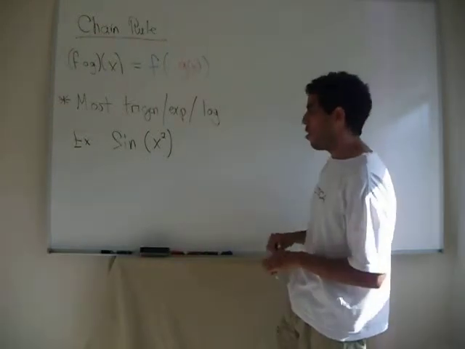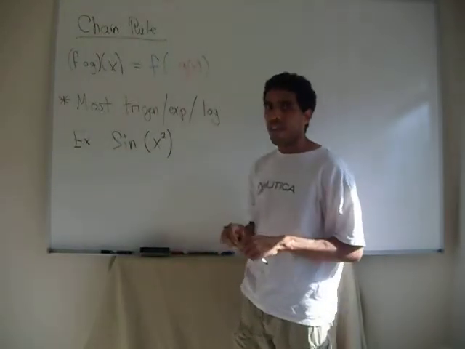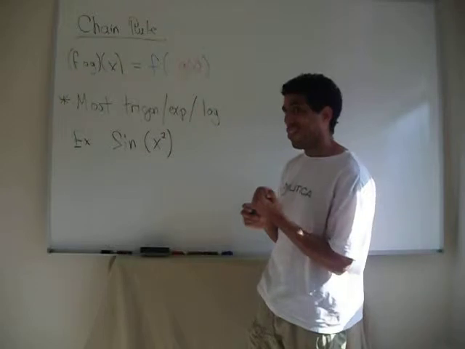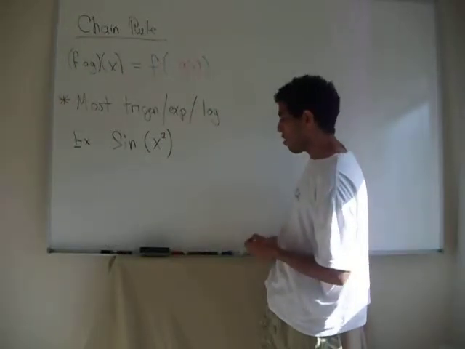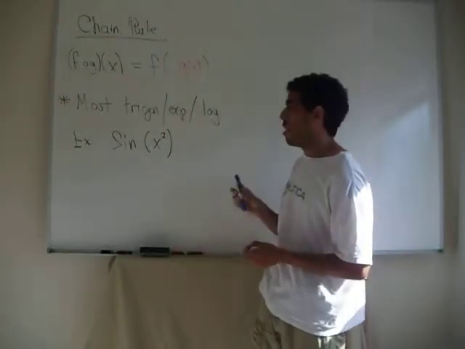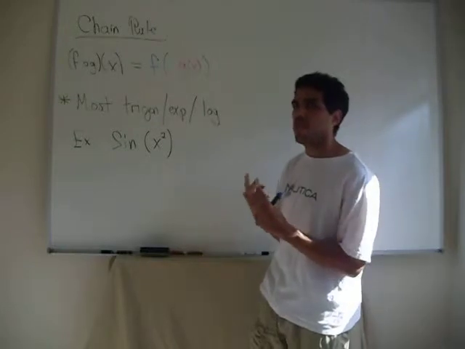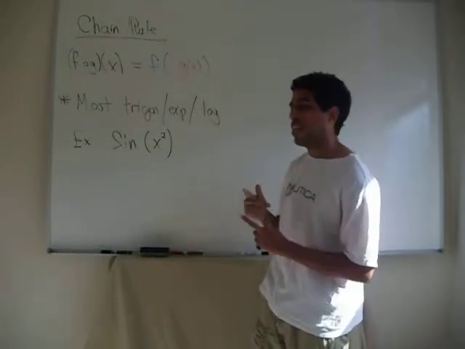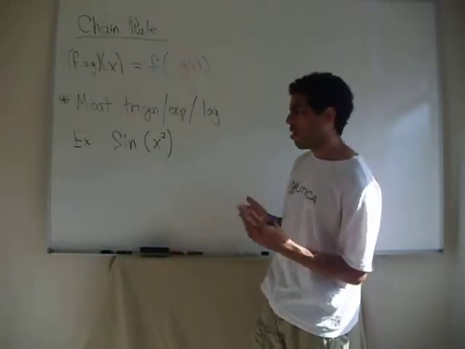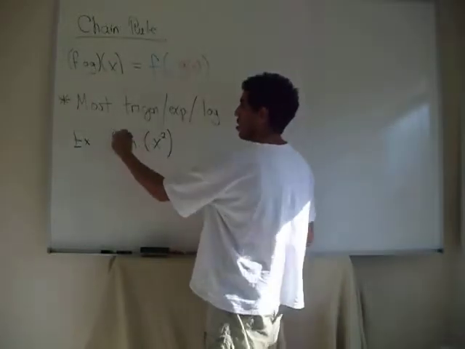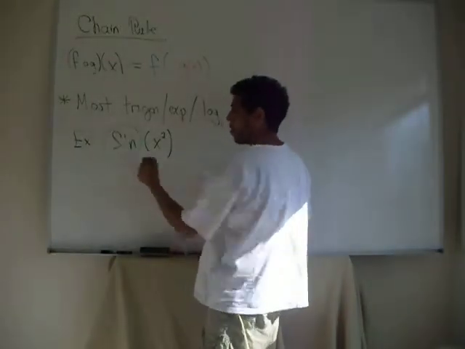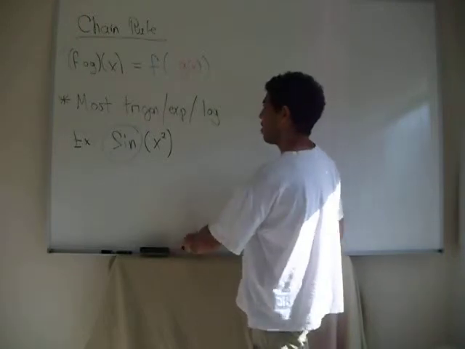Now, we have here sine x squared. Is this a composite function, or is it just a plain natural function? Well, if you answered composition, the answer is correct. There's two functions happening here. One is evaluating the other one. Where are they? Well, this is the first one, sine. And the second one, the smaller, is this one.